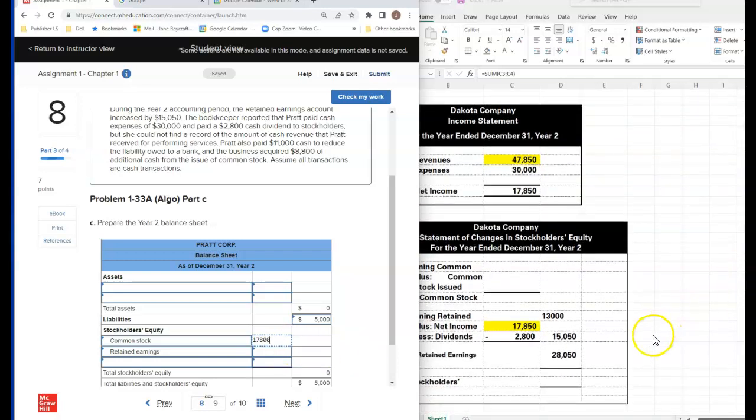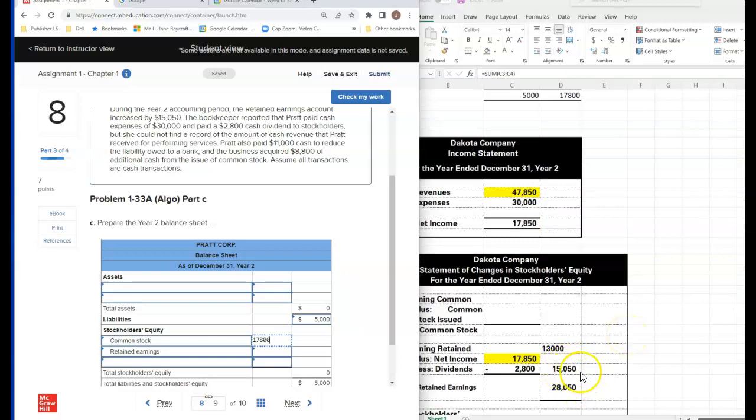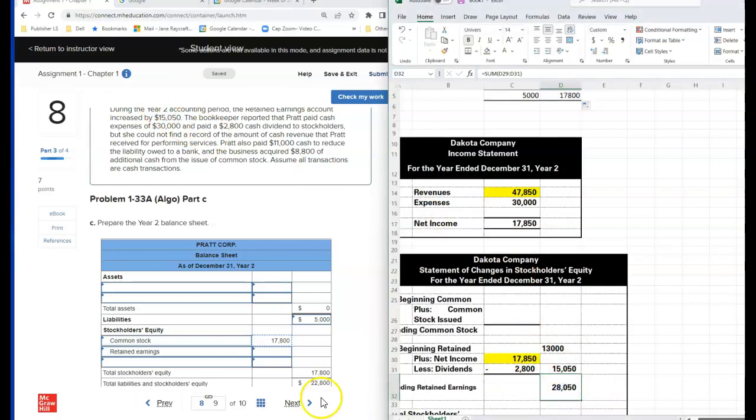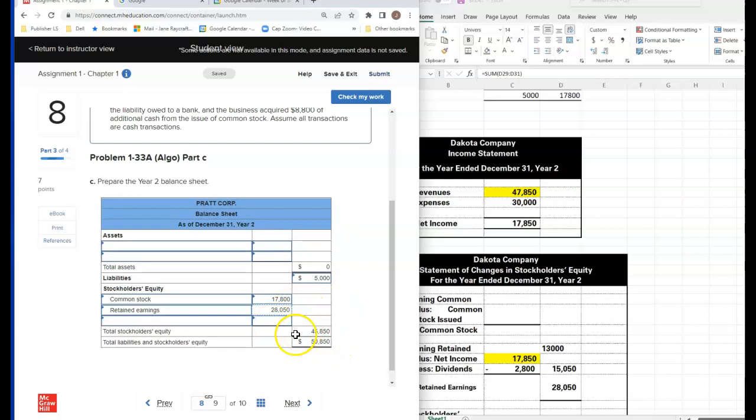And then if we started out with $13,000 in retained earnings, it went up by $15,050, which is the product of that. That means our ending retained earnings are $28,050. And so our total liabilities and equity here, $50,850.